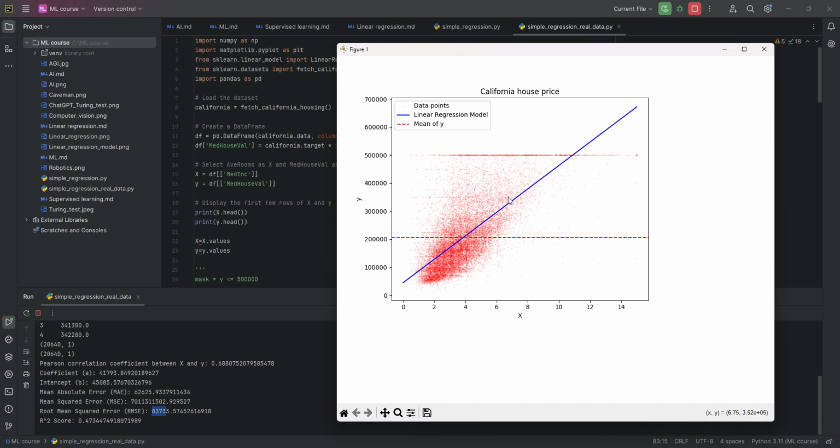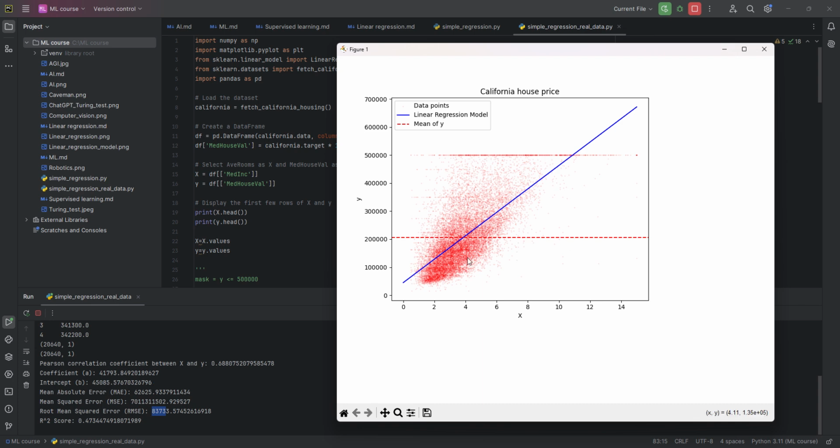This is not a practical model, because around this range of prices, even $5,000 is important for negotiation. So being off by $62,000 or $83,000 on average is a big deal and it's not reliable.